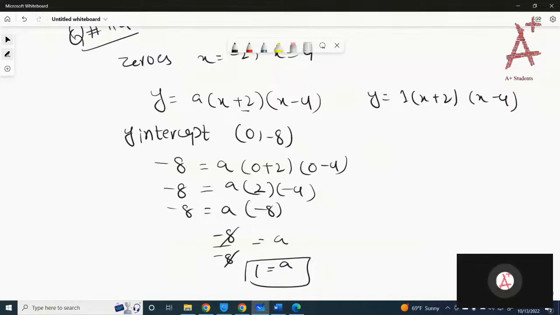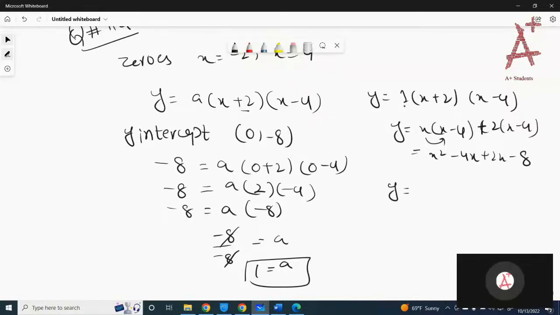Okay, you have to write the equation in standard form, so just multiply them, expand them. Y equals x times (x minus 4) plus 2 times (x minus 4). So it would be then x times x is x squared, x times -4 is -4x, 2 times x is 2x, and 2 times -4 is -8.